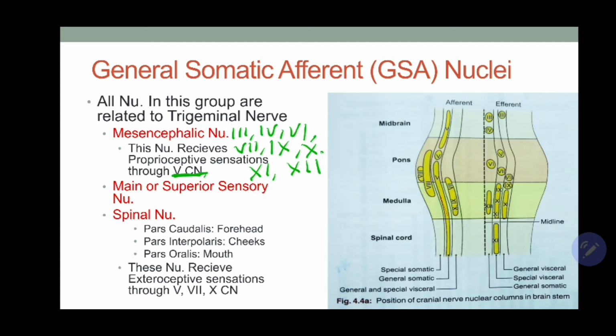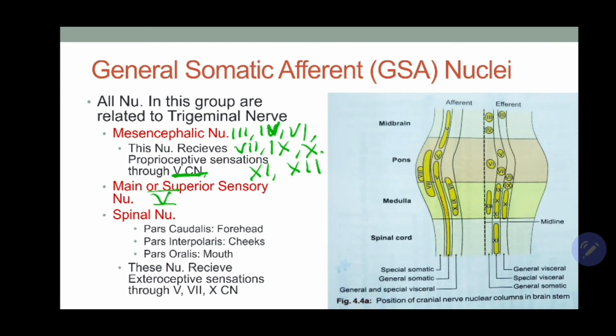So all these nerves supply muscles, right? So proprioceptive sensations are being brought in. All these nerves reach the mesencephalic nucleus. Here in the main sensory, it's only the trigeminal nerve which reaches there. That's why it's only for the trigeminal main sensory nucleus.